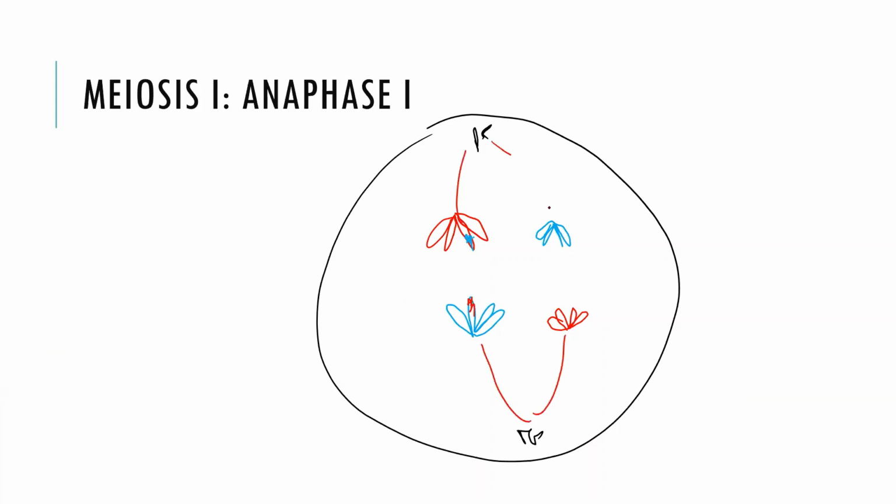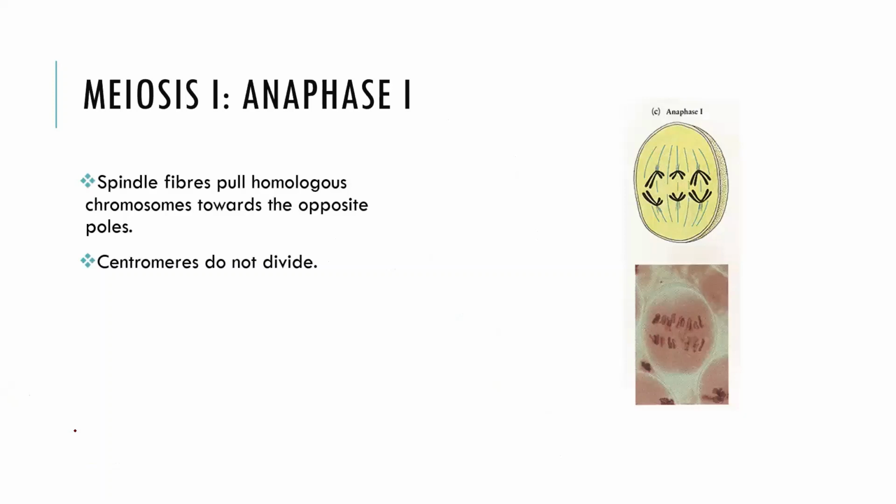So here, these strands shorten, the strands between the centrioles lengthen, and they are separated to the opposite poles of the cell. So here you can see the whole chromosomes moving to the opposite sides. Okay. The centromeres don't divide during this phase.